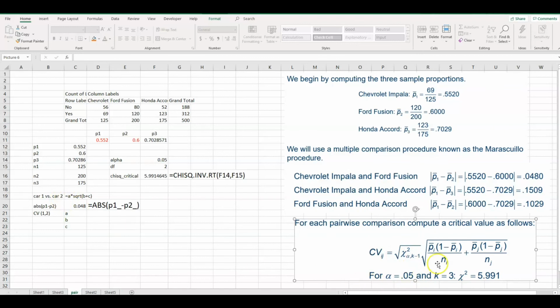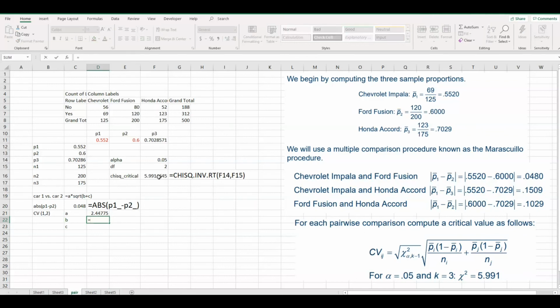So this is A, this is B, this is C, the square root of B plus C. A will be the square root of our critical value, which is 5.99. So this is our A, the square root of the chi-square critical value.